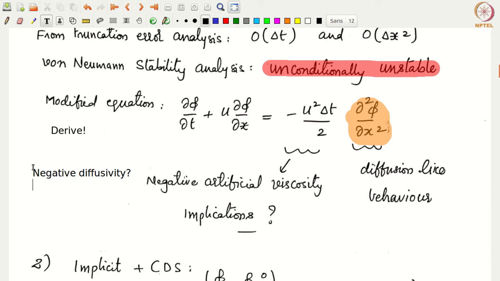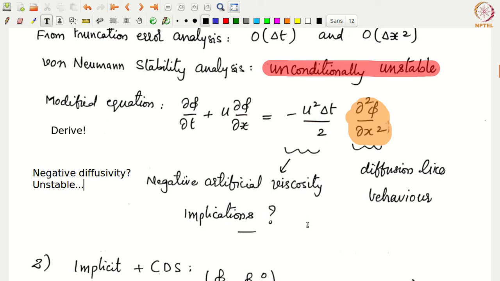Essentially, instead of damping, instead of reducing the amplitude, it's going to make it unstable, right? So no doubt we saw a similar behavior from our von Neumann stability analysis, which says that it is unconditionally unstable, and the reason for this instability is the negative diffusion, which can be explained through the modified equation as well.